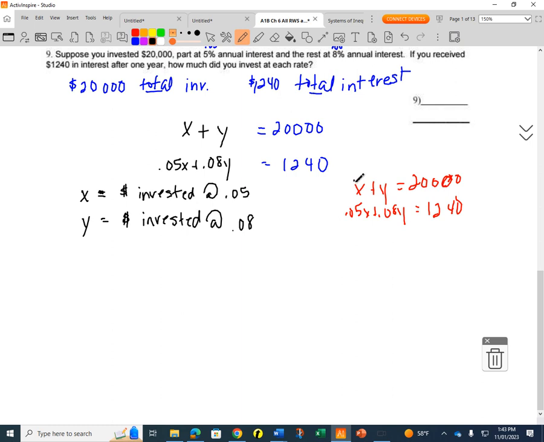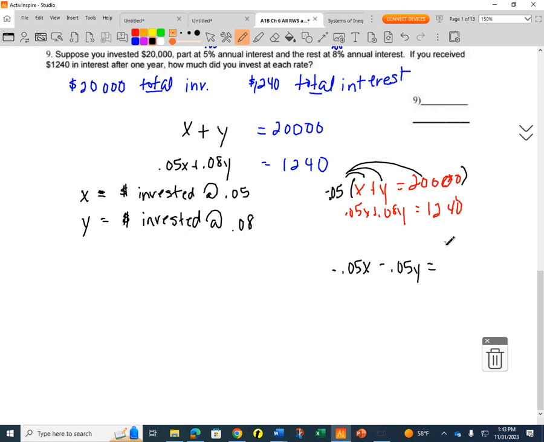So we're going to multiply. I'm just going to do the first one. So this is 0.05x. If this were negative 0.05x, when I add them together, they'd be 0. So that's what I'm going to do. So distribute: negative 0.05x minus 0.05y equals, somebody do 20,000 times 5%.